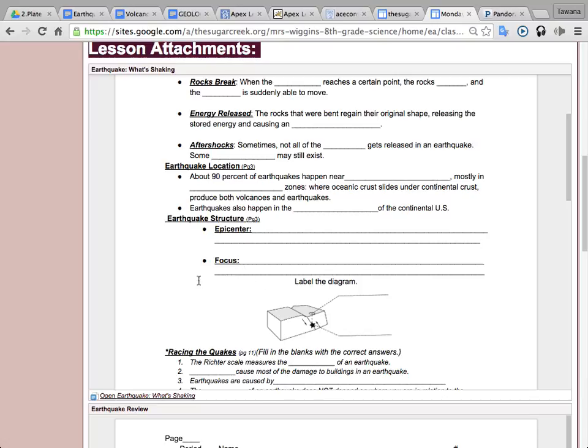The focus, then, is the location on the fault where the slipping of two plates starts. So this is where they begin to break. Again, it's the location on the fault where the slipping of two plates starts, and that would be represented by this star. That star is really that impact, that breaking.